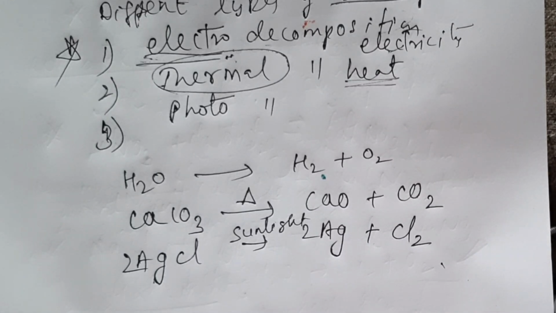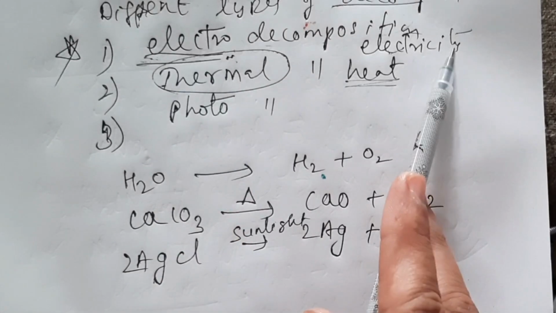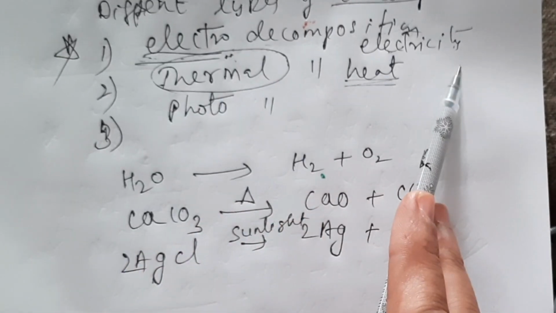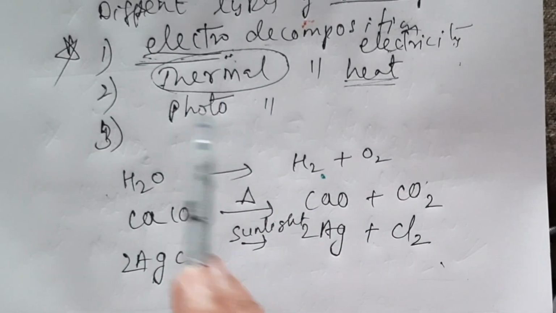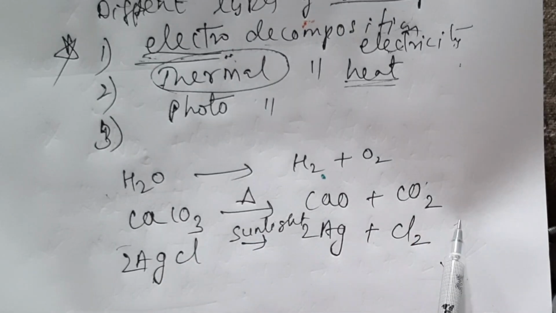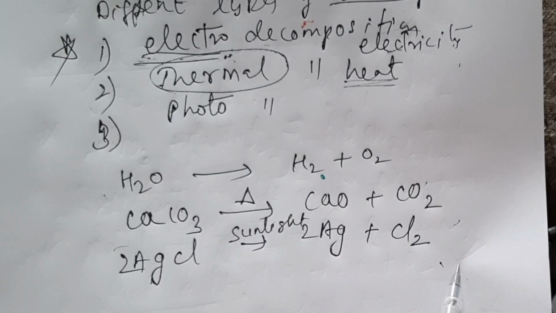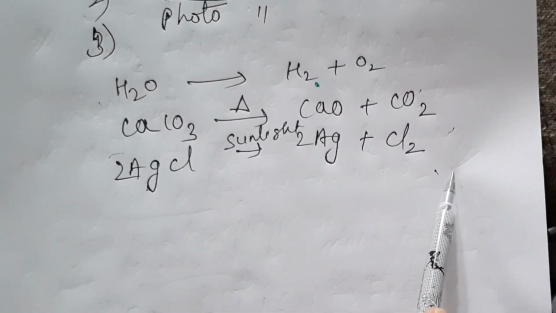In your exam for the science paper, they never see how long you are writing the answer. Your concepts must be clear. Your answers should be to the point only, like electro decomposition, decomposition in the presence of electricity, and you give an example. Thermal decomposition, decomposition in the presence of heat, then an example. Photo decomposition, decomposition in the presence of sunlight, and an example.